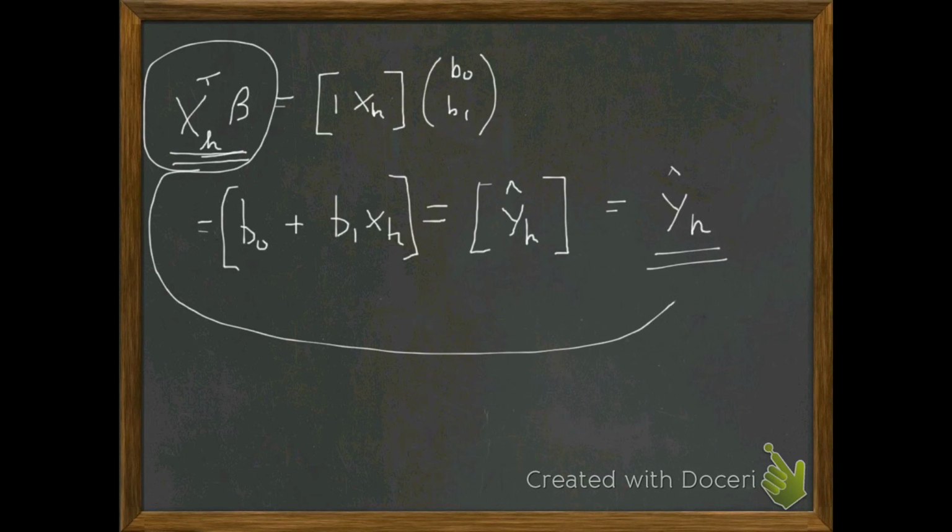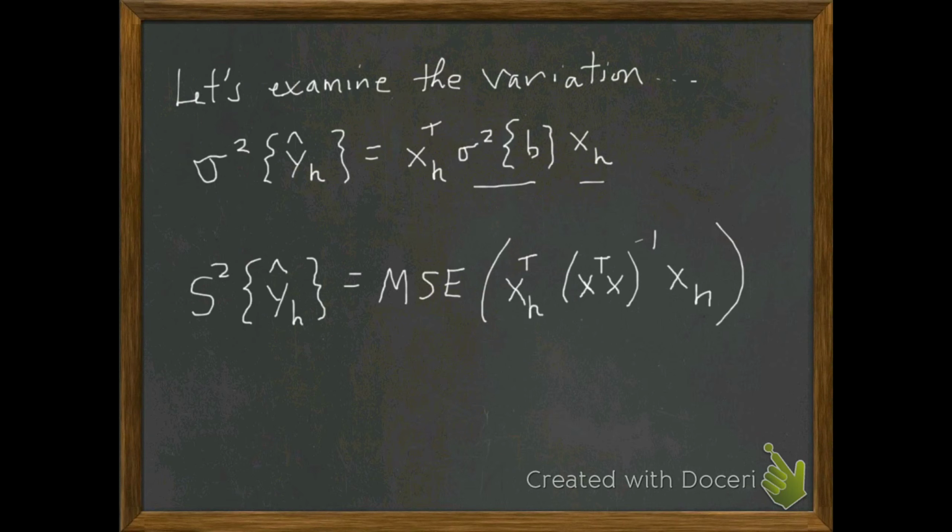Well, actually that's pretty easy, right? And when we look at the variance, well, mean square, we know how to do that. And this isn't that hard either, because we've examined this part, and these two matrices right here, the first one's a row vector, the second one's a column vector, are not that difficult either.